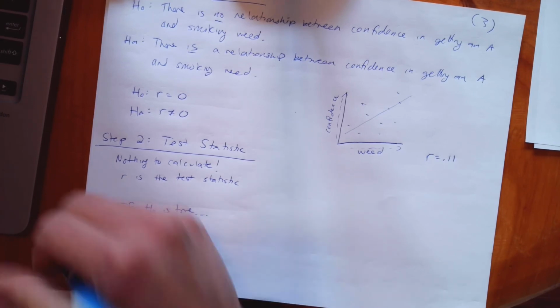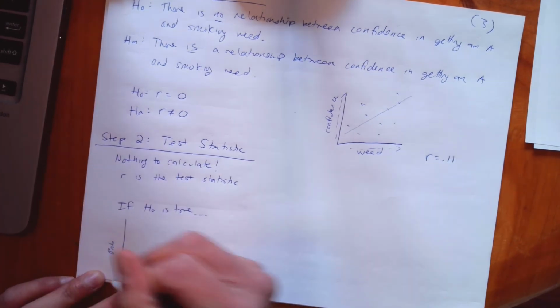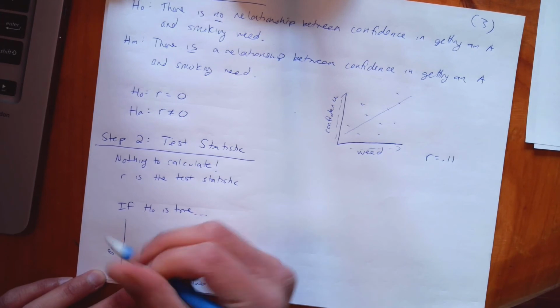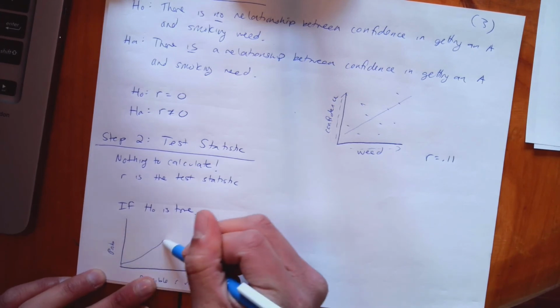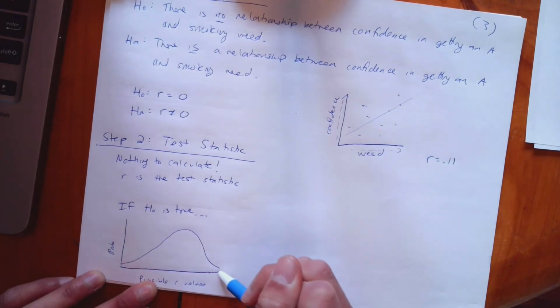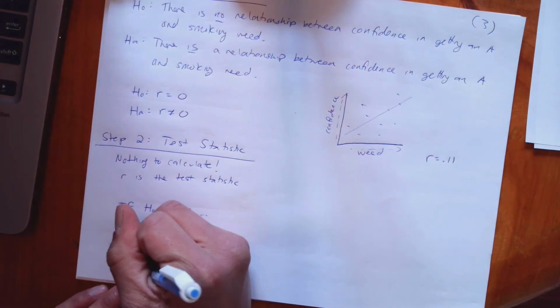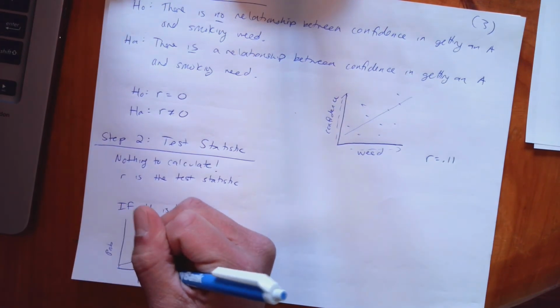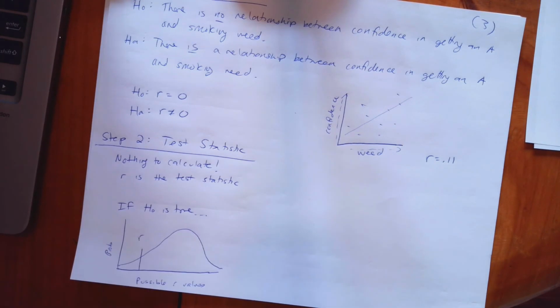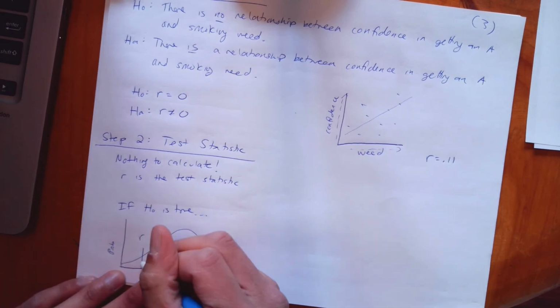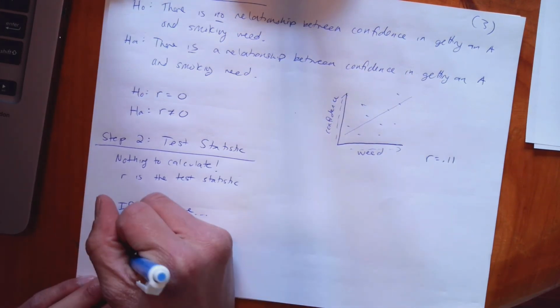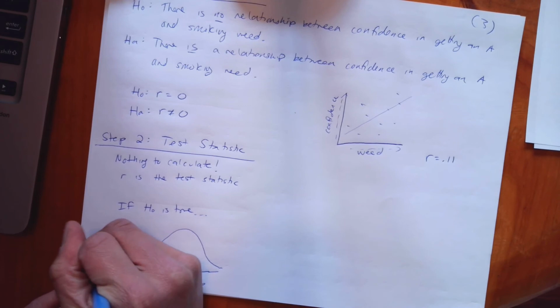R distributions, or sampling distributions for R, tend to be negatively skewed. They're also a family of distributions, but in general they have this sort of negative skew here. And then what you do is you plot your R value on that distribution. And the area under the curve becomes your p-value as usual.